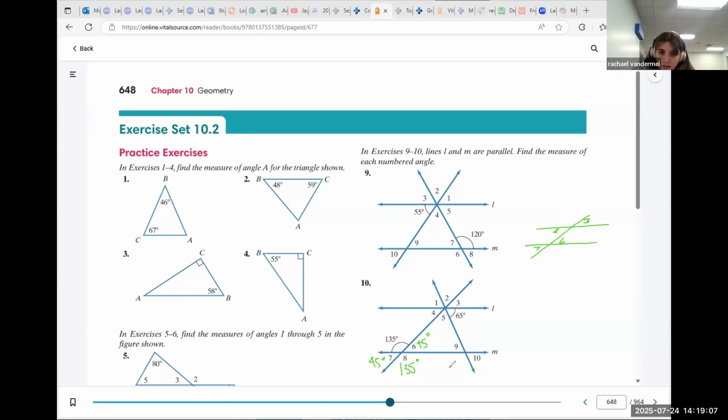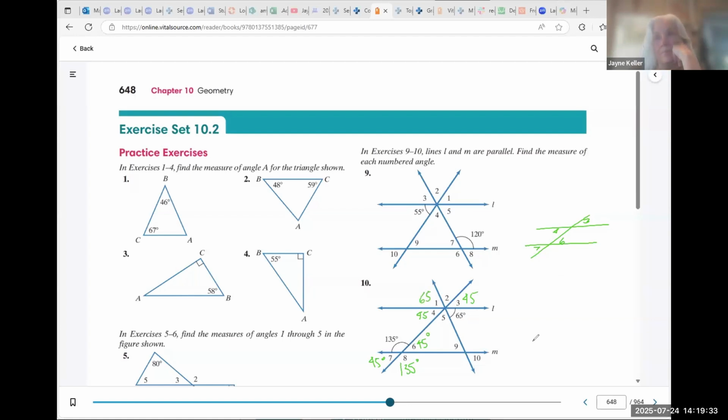Angles 3 and 4 would be 45. And then angle 1 would be 65, right? Vertical angle with this one. Good.